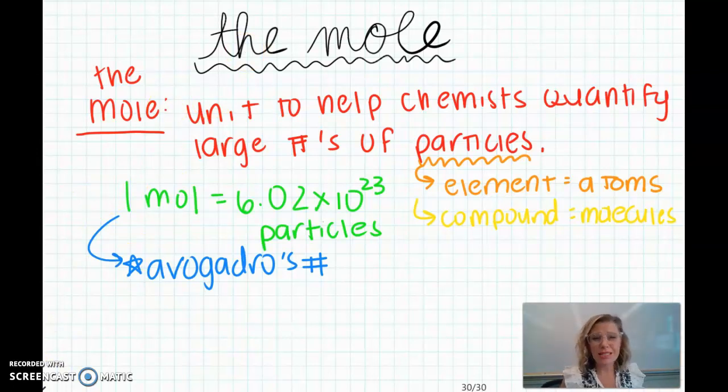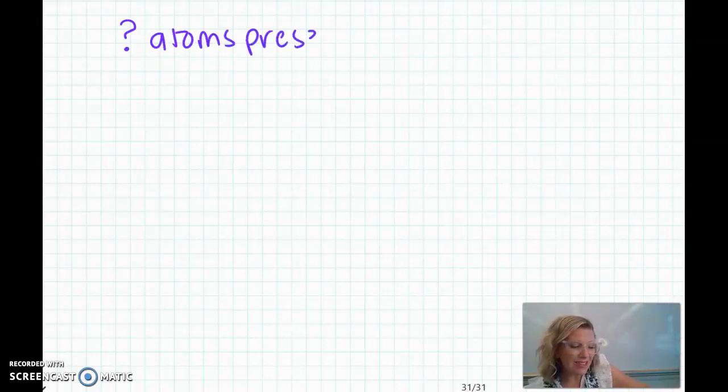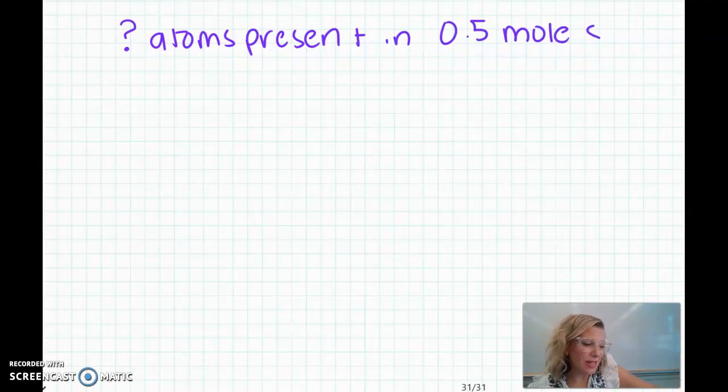Now let's use this concept to help us calculate some values. If you're following along on my guided notes sheets, we are now below the definition of mole. If not, I'm going to go ahead and write out the problem for us here anyways. What I want to know is, how many atoms are present in a 0.5 mole sample of copper?